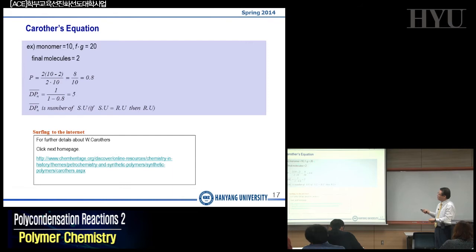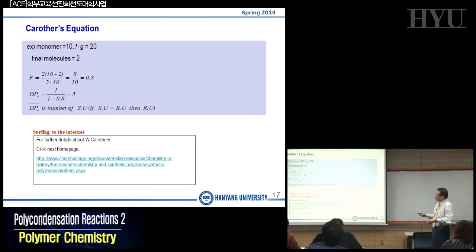If we assume that we have final molecules, which is 2, that means that 80% of your monomer has already participated in your polymerization systems. So P is equal to 2 times the initial N0 minus N, divided by N0 times F. It comes up to about 0.8, meaning that you have 80% of your monomer already participating in your system.